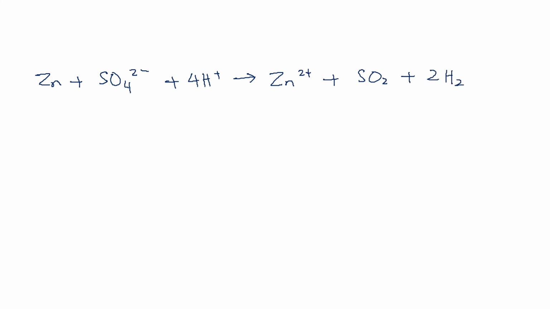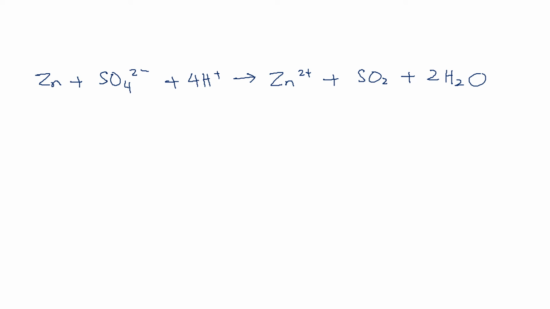The acidic equation that we got just now is Zn plus SO4 2- plus 4H+ produces Zn 2+ plus SO2 plus 2H2O. This is the acidic equation, but the question asks for the basic equation.